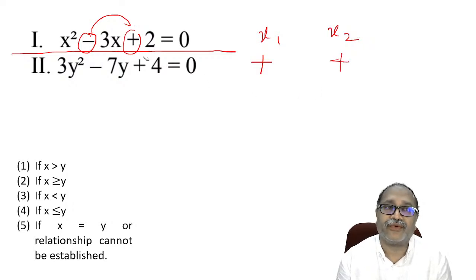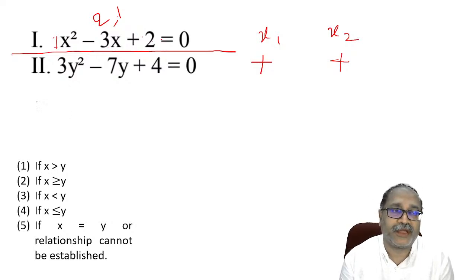What about the value? Now coming to the value, this one can be written as 2 into 1. 2 into 1 is 2. This is A and this is B. What is A into B? A into B is 2 into 1, 2.